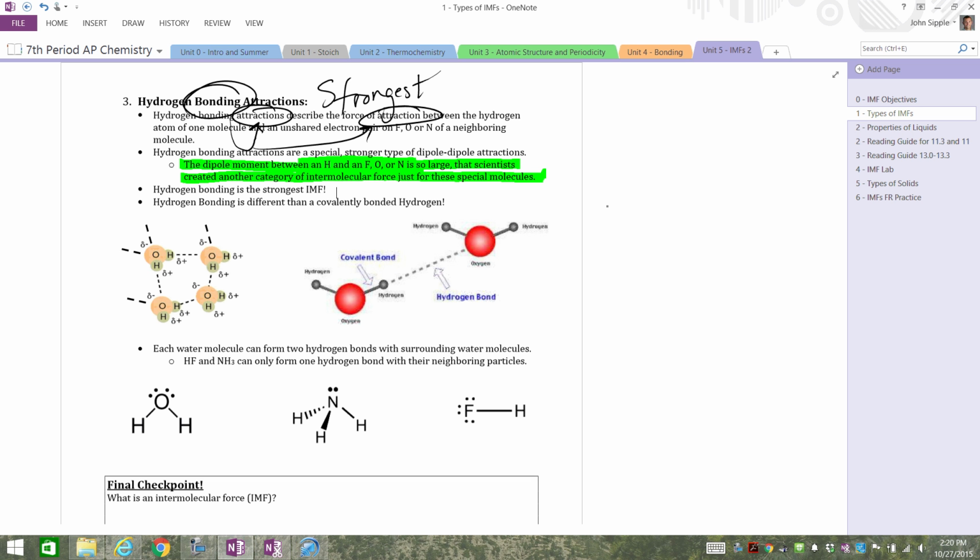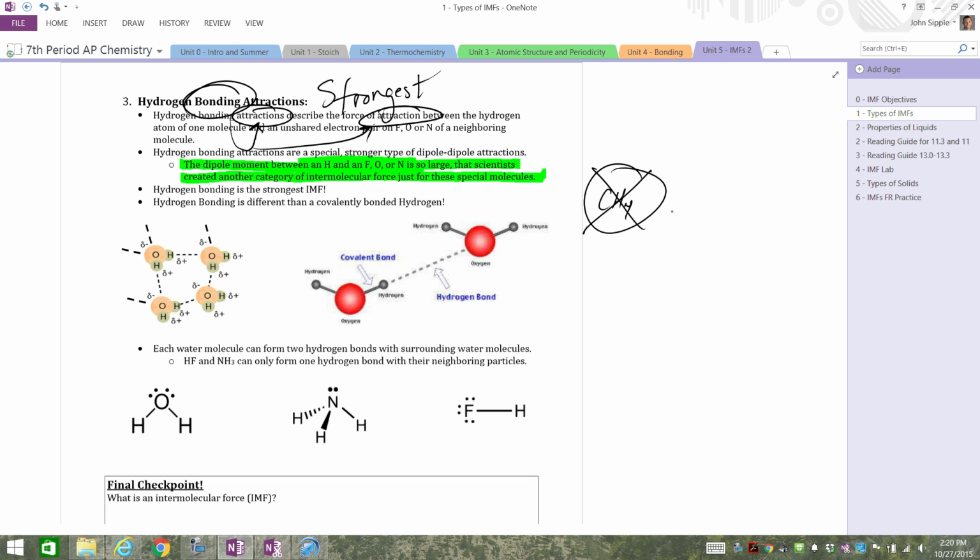For example, CH4 cannot hydrogen bond. Just because the substance has hydrogens doesn't mean it can hydrogen bond. Those hydrogens have to be connected to an oxygen, a nitrogen, or a fluorine.